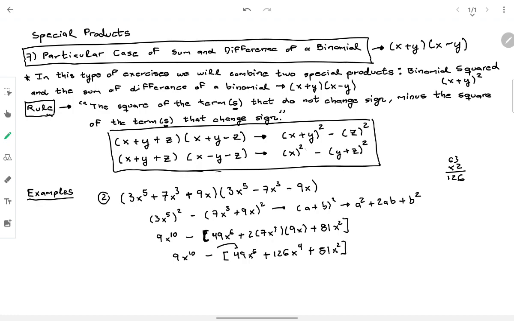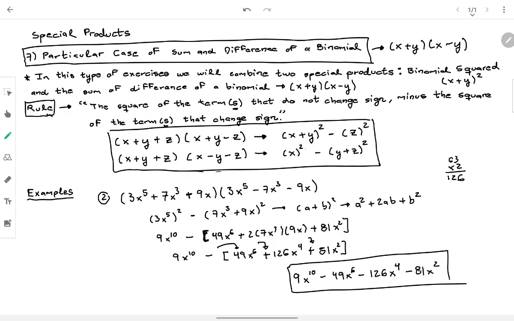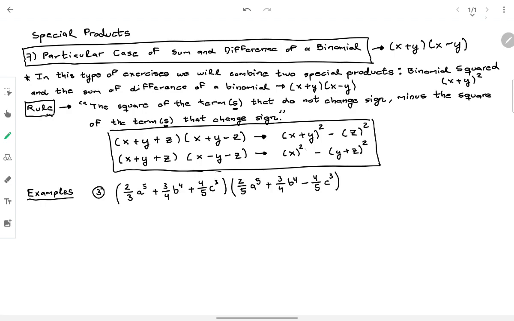Remember, this minus sign will change the sign of every term inside the bracket. So the final answer will be 9x to the 10th minus 49x to the 6th minus 126x to the 4th minus 81x squared. It's correctly ordered, so that will be our final answer.